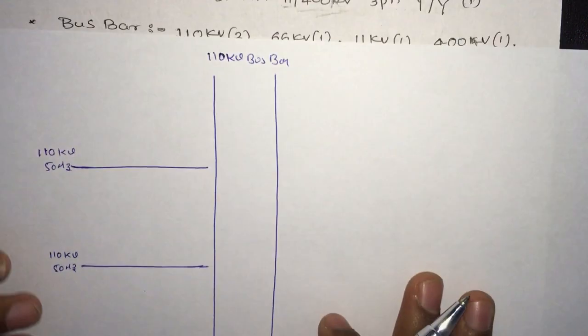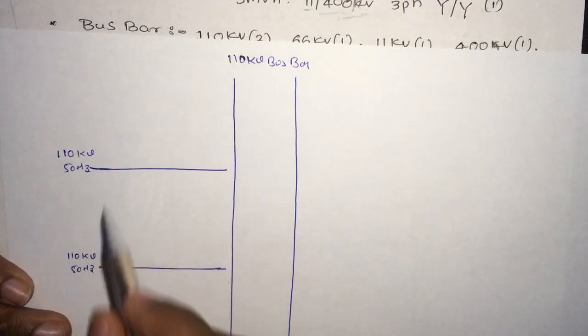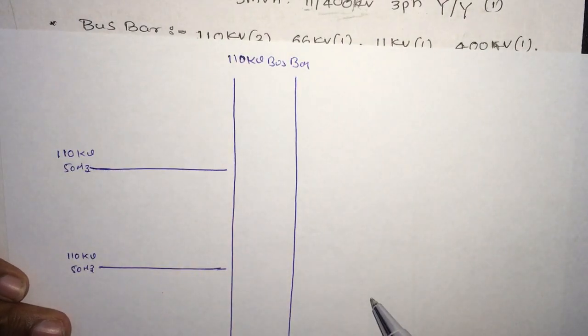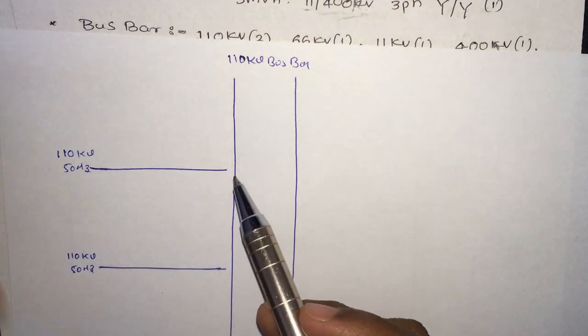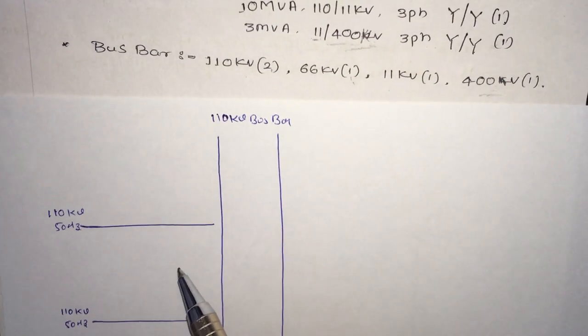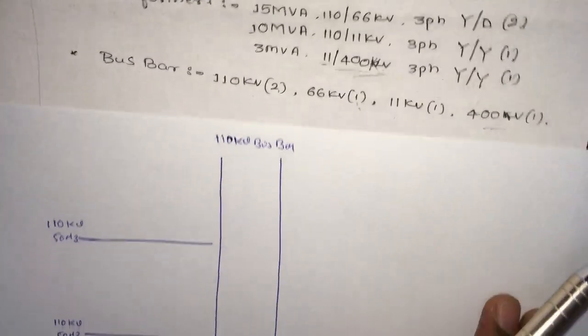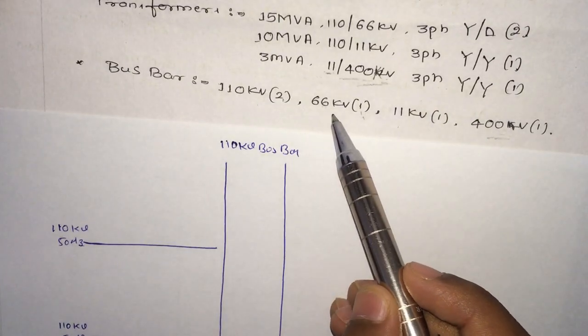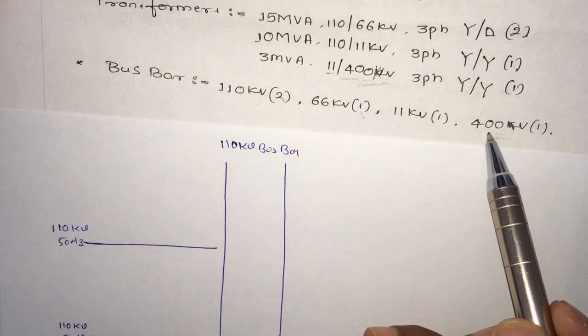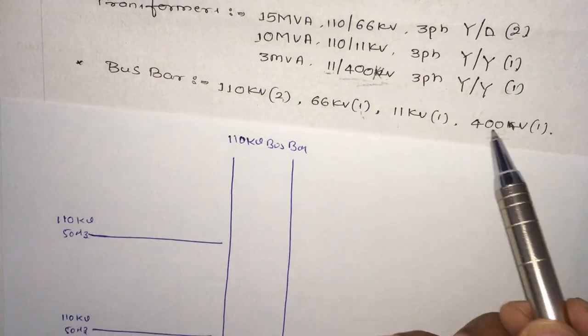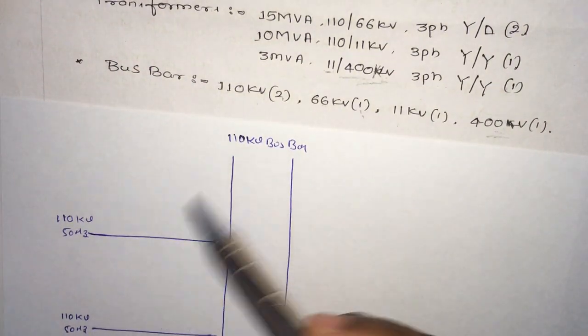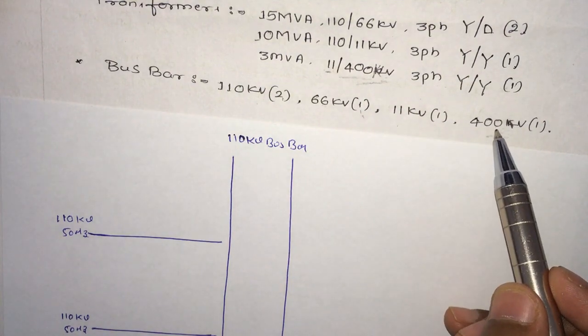The 110 kV bus bars are attached to the 110 kV incoming lines. Since the voltages are similar, we are going to draw the bus bar. The next bus bars are 66 kV, 11 kV and 400 volt. These voltages don't match up with our incoming lines, so we'll keep them for later.